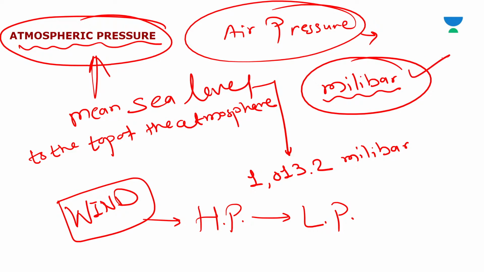Right. Now, at sea level, the average atmospheric pressure is 1013.2 millibar. Due to gravity, the air at the surface is denser and hence has higher pressure.